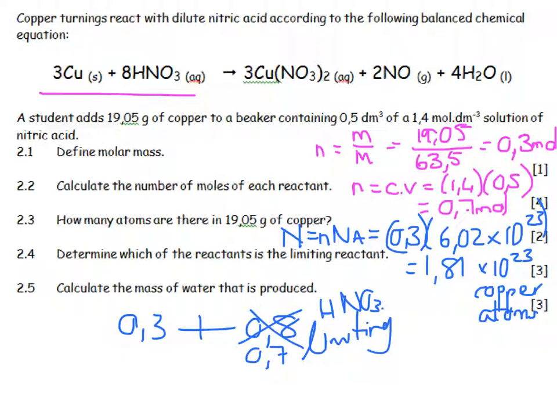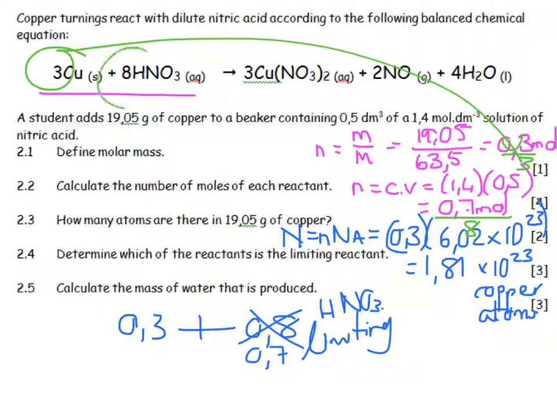You could have divided 0,3 by 3 and 0,7 by 8 and seen which of those two gives you the bigger number. The bigger number, obviously, you get 0,1 here. Here you get 0,08 something or other, 875, I think. So it turns out that you do not have enough of the nitric acid.